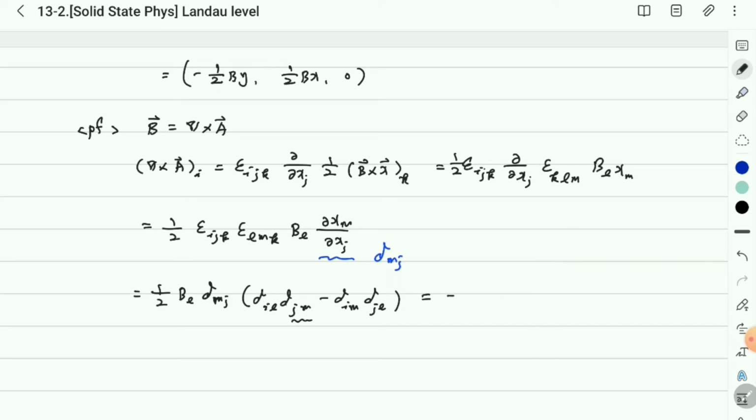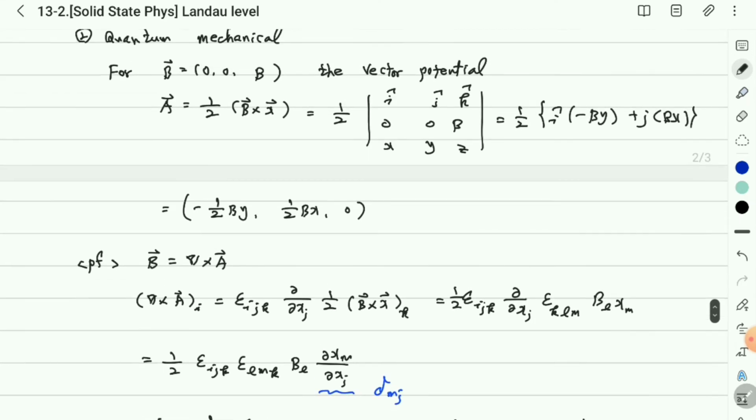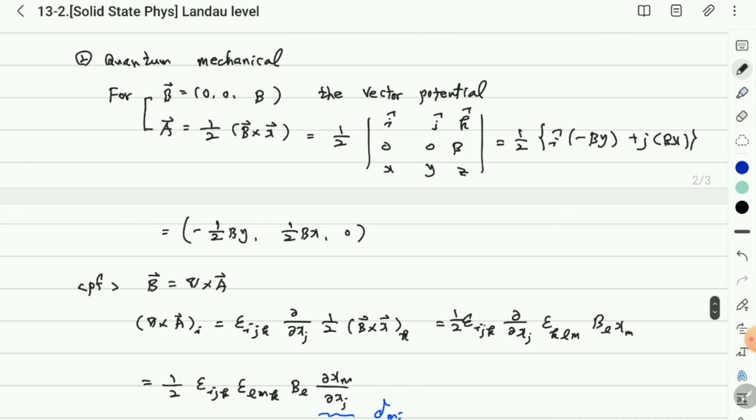Therefore, it is 1/2 B_l times (3 Kronecker delta il minus, since m is j and j should be l, delta il). Then 3 minus 1, 2 cancels with the 1/2, and it is B_i. Therefore we can prove that under the magnetic field, the vector potential is like this.